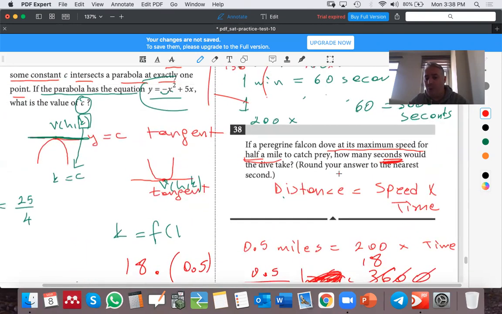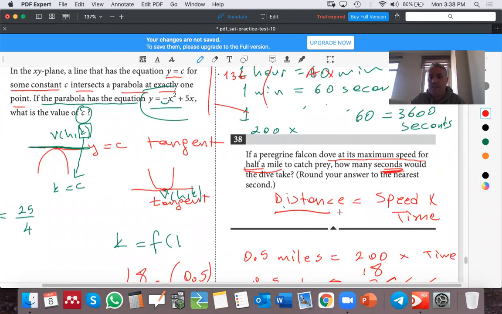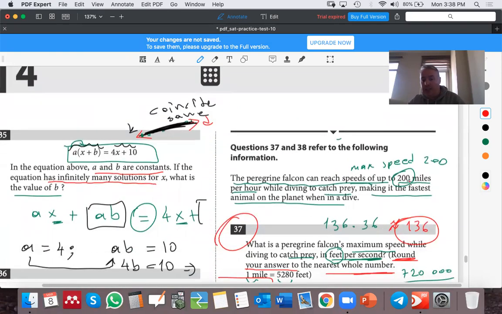That's it. One more time. Distance is speed times time. You should know this. The distance is half a mile, which is 0.5. Speed is maximum speed, it says here, 200. So what is the time? Time is 0.5 over 200. But this is in terms of hours. Why? The question says 200 miles per hour.